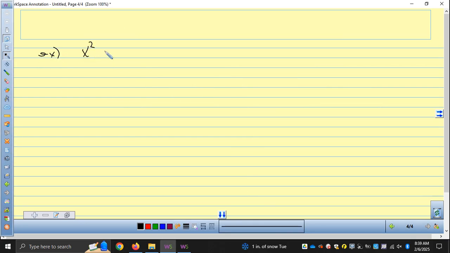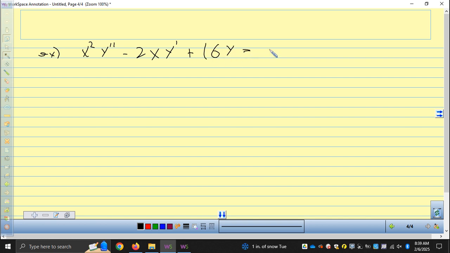x squared y double prime minus 2x y prime plus 16y equals 0. And we know that y1 equals x squared is a solution. I talked about this kind of equation last time.